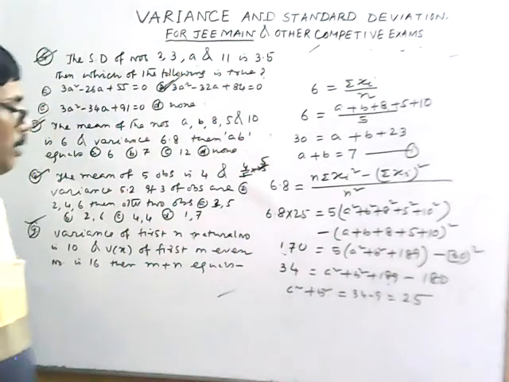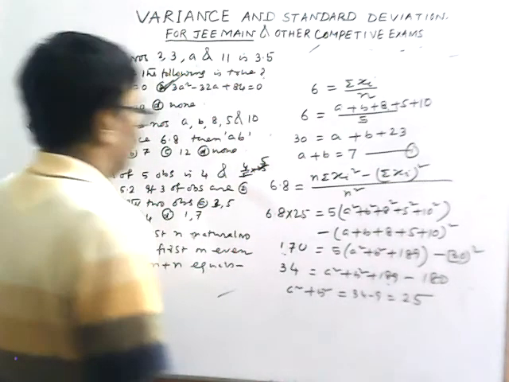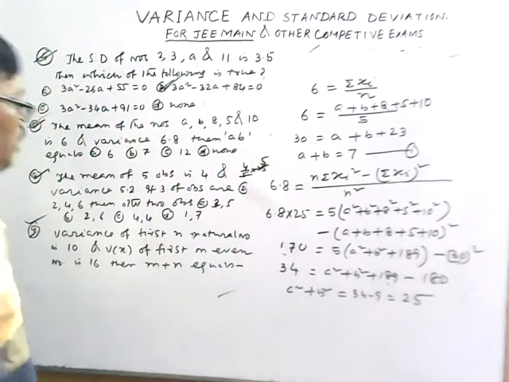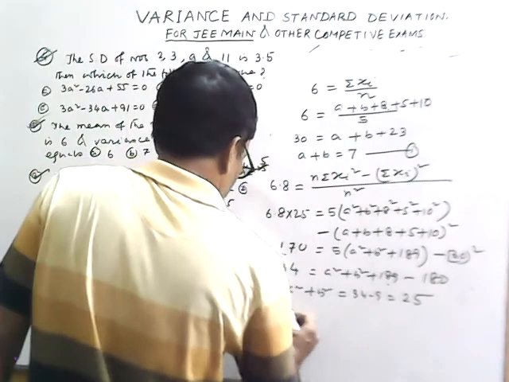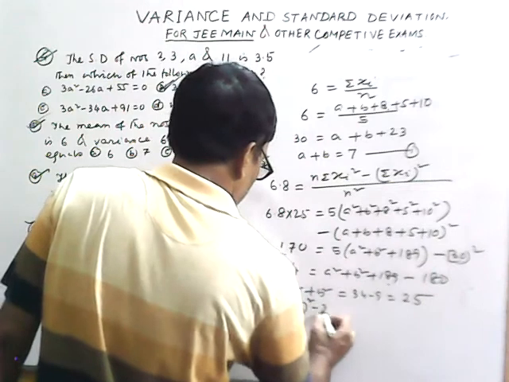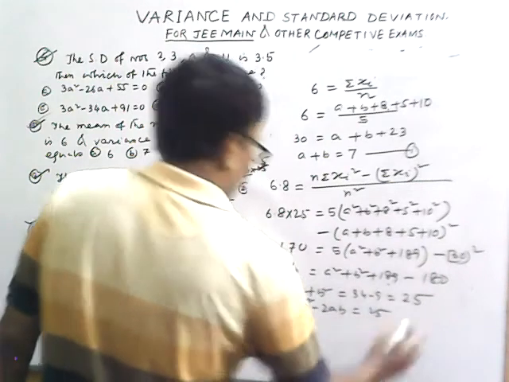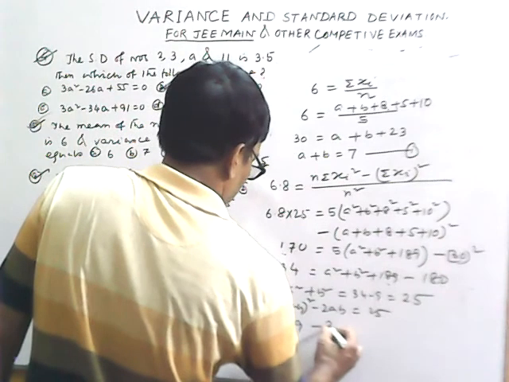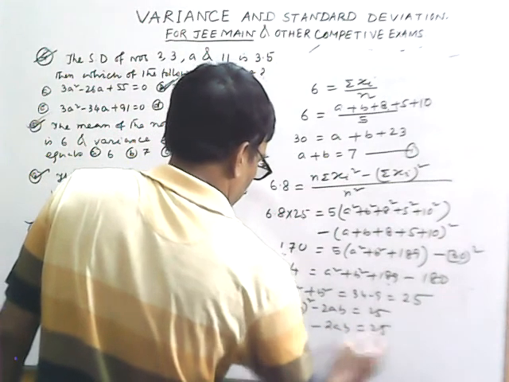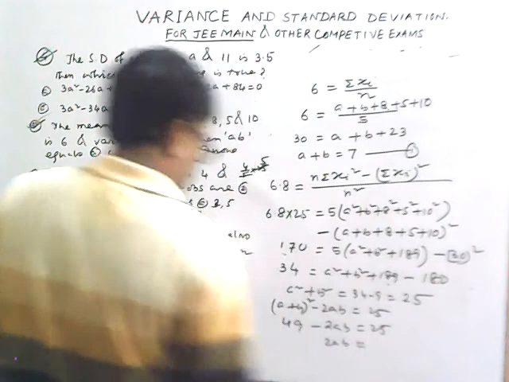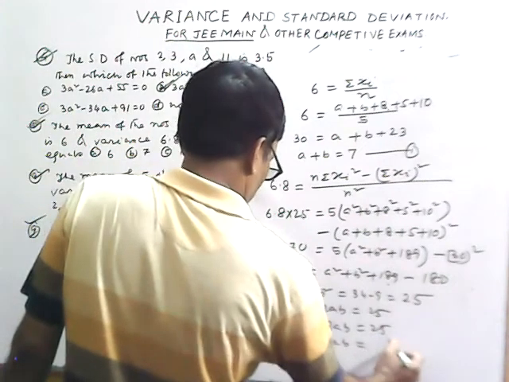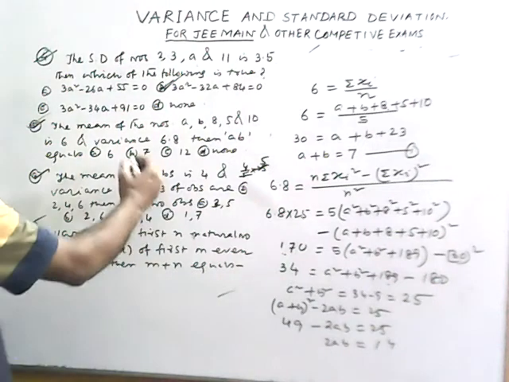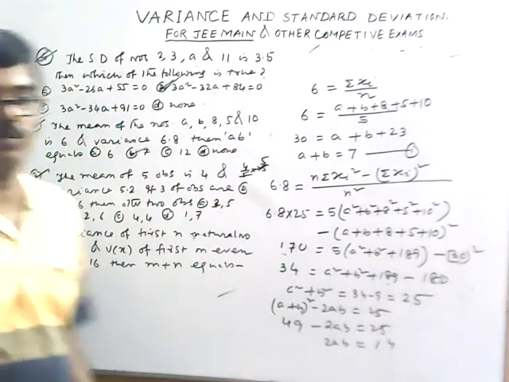So what you have to find? We have to find AB. So a plus b whole square minus 2ab equals 25. So what is a plus b? 49 minus 2ab equals 25. So 2ab equals 14, so ab equals 7.